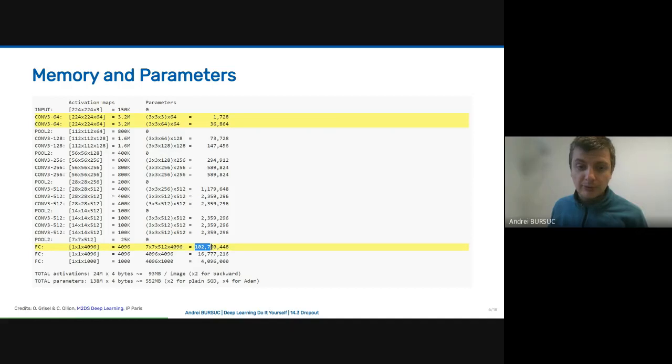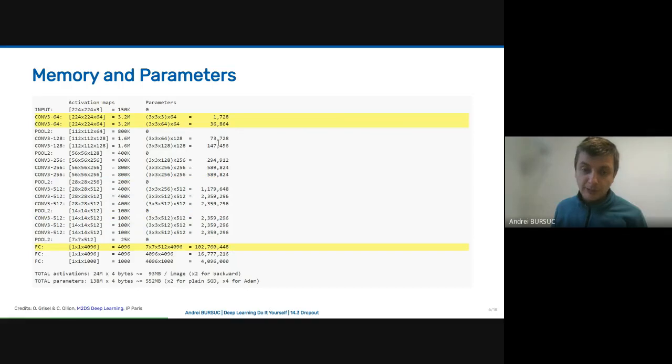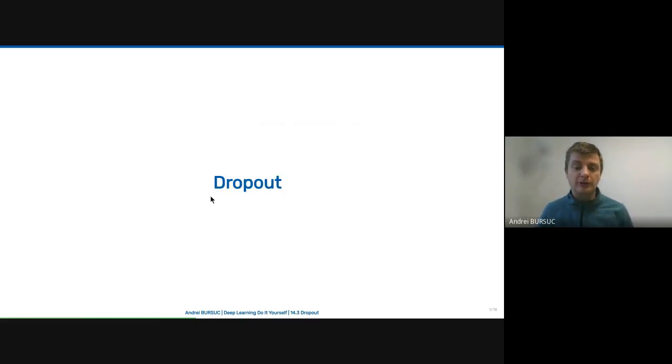So all at once, I have 100 million parameters. Moving on to the next layer, again with 4,000 neurons, I have 16 million parameters. And at the final one, I have 4 million parameters, which is a lot compared to all the parameters in the convolutional layers. So as I was saying, most of the weights, at least in these standard architectures, were concentrated in the final part of the network.